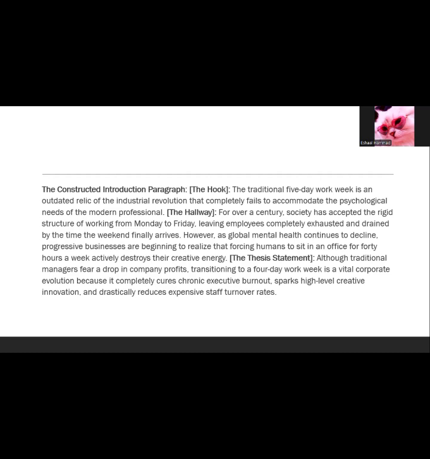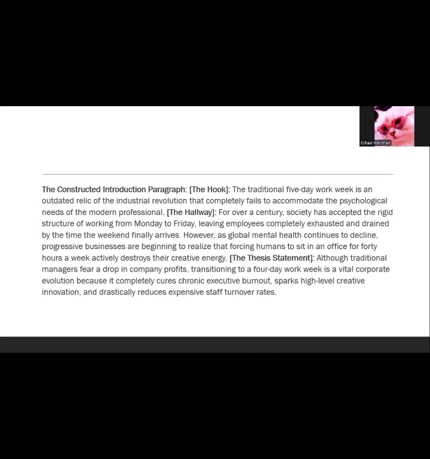Now, the background: for over a century, society has accepted the rigid structure of working from Monday to Friday, leaving employees completely exhausted and drained by the time the weekend finally arrives. However, as global mental health continues to decline, progressive businesses are beginning to realize that forcing humans to sit in an office for 40 hours a week actively destroys their creative energy.